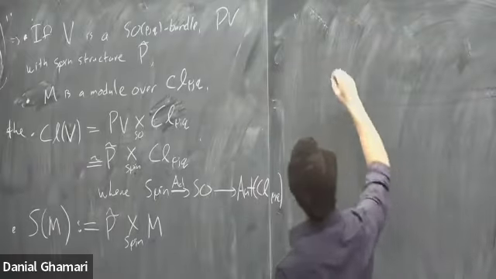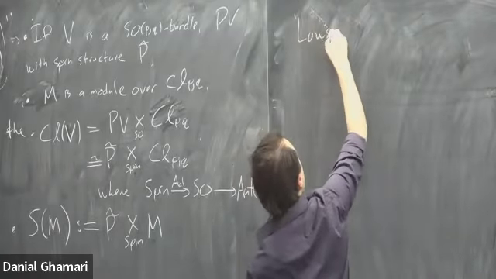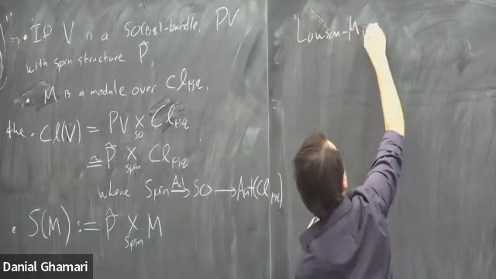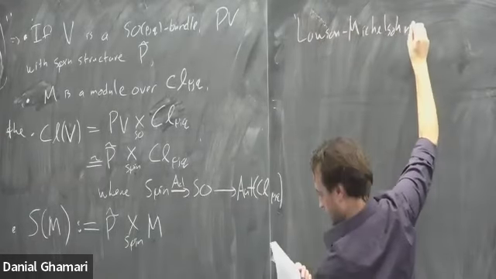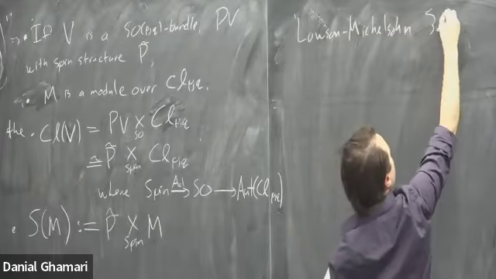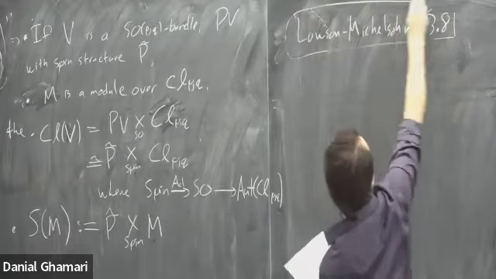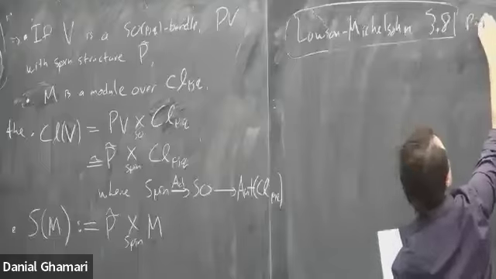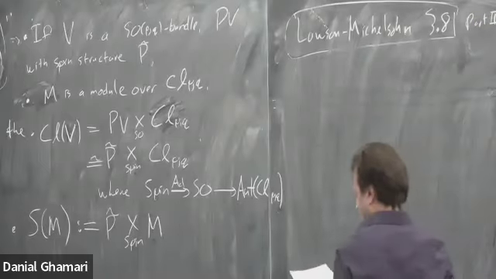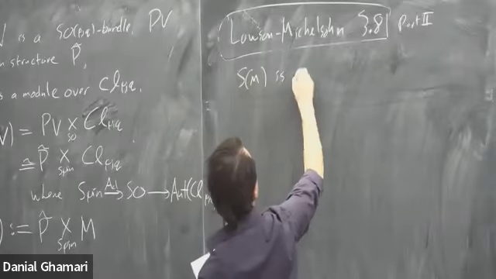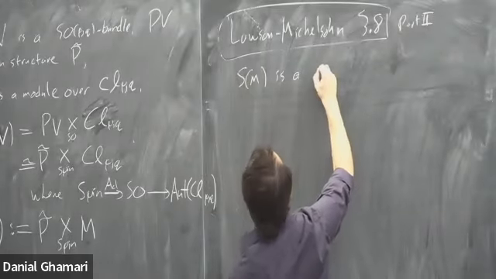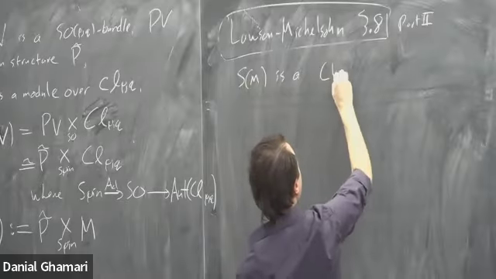So this is a Lawson-Michelson proposition. And it was, what have we done, 3.8. This is part 2, actually. So this says that SM is a, what's the right word to use here?